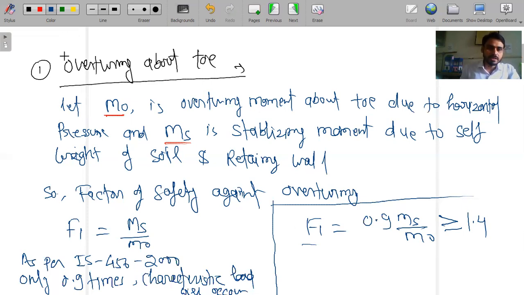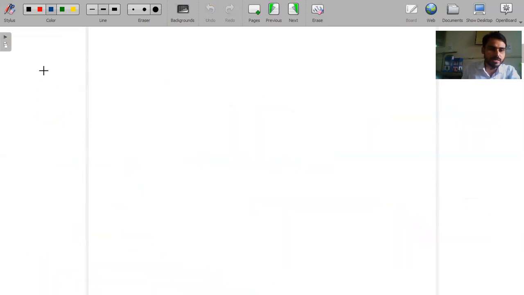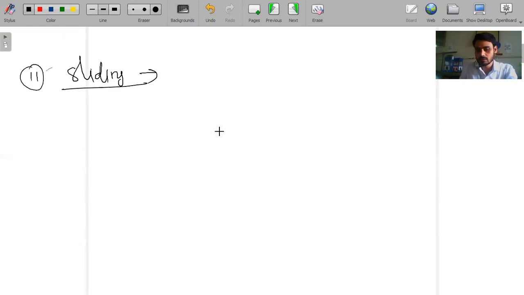The second stability criterion is sliding. So how can we ensure the stability against sliding? The second one is sliding in horizontal direction.